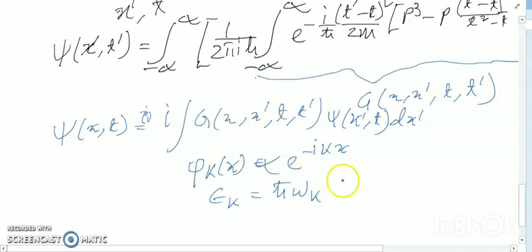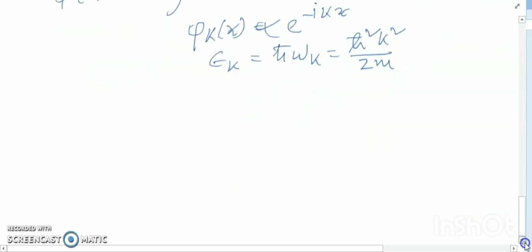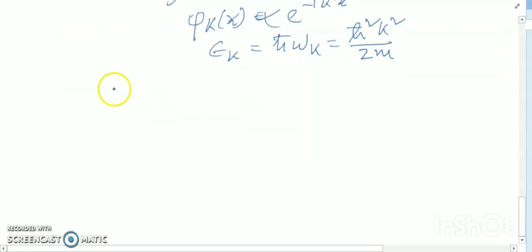So h bar omega k can be written as h square k square divided by 2m. Okay, so the sum is replaced by an integral, using the Jacobi theta.